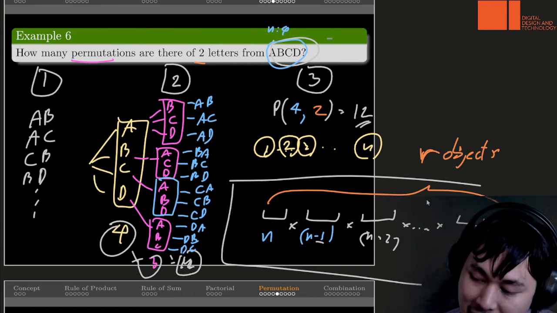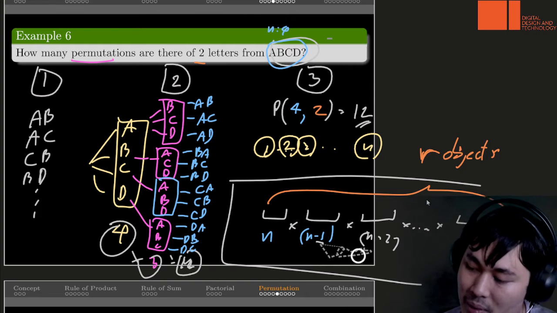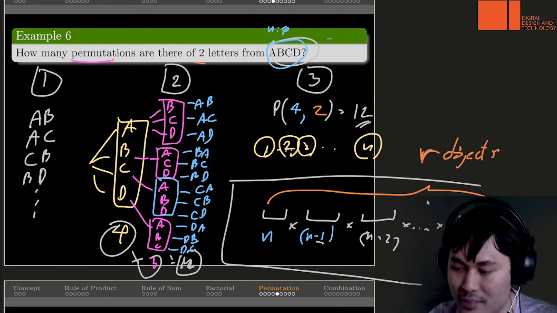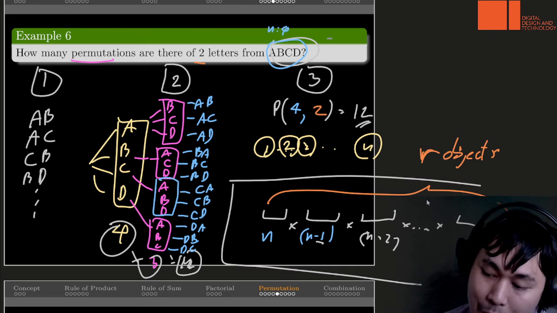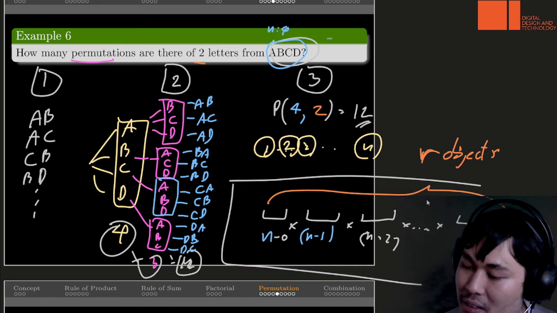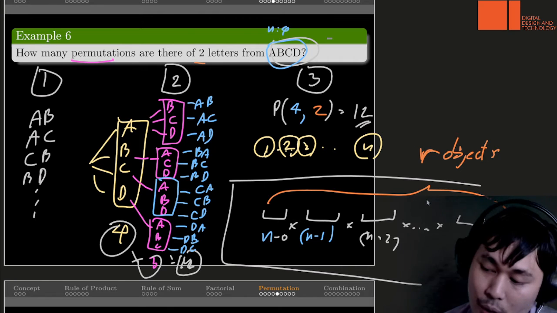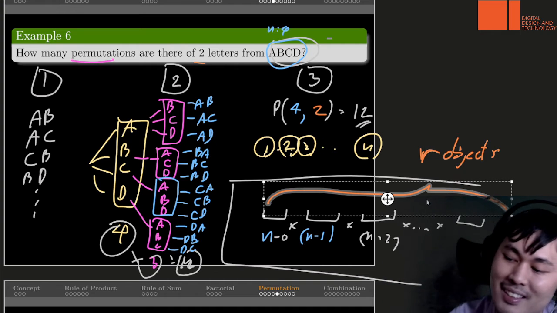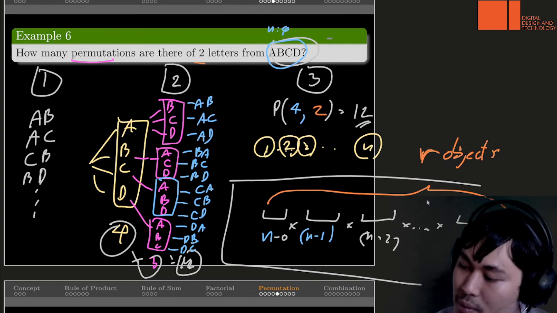If we start from 1 and repeat this r times, then we would have n-r. But we start from 0, right? We start at n-0. That's the first term. That means if you want r objects, and you start counting from 0, then it should end at r-1.